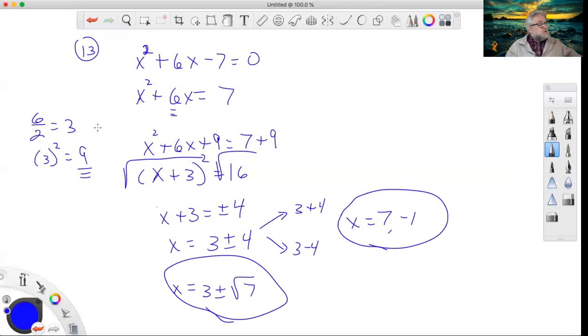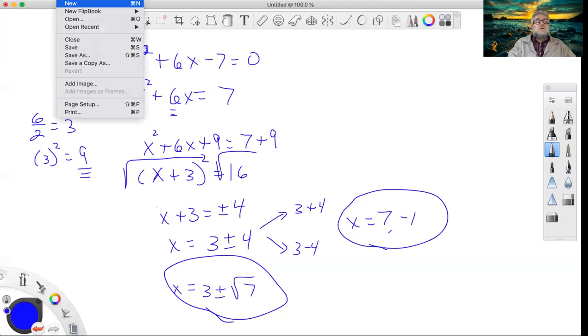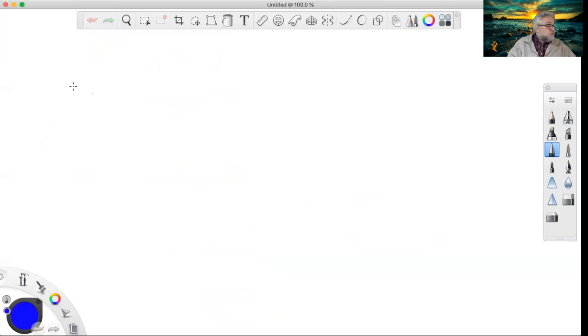Holy mackerel. That looks like a monstrous problem. Okay, we'll do that one. This looks a little frightening, but I'm sure it's not as bad as all that, or maybe it is. This looks like number 17 in the book.